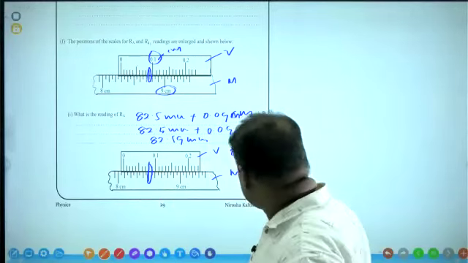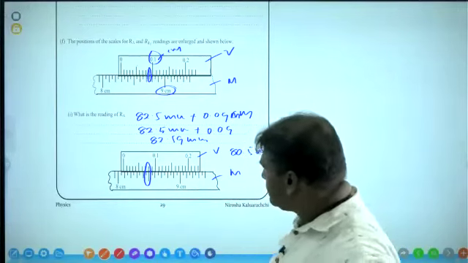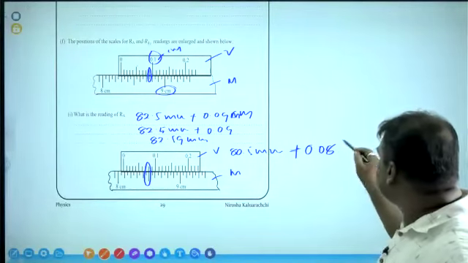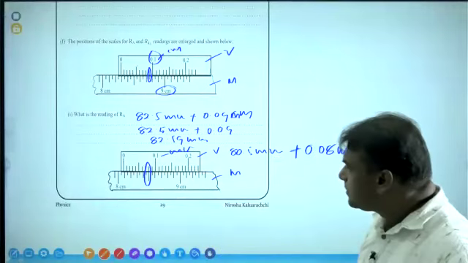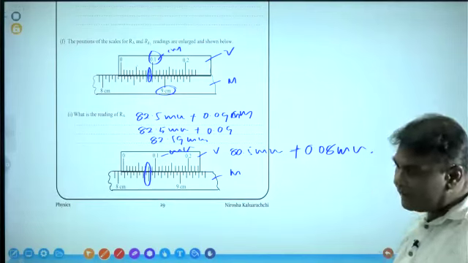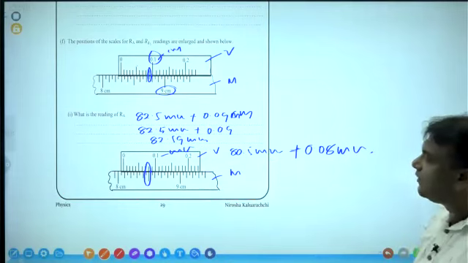Coincided one is 8.1, no? Here, upper 8.1, then plus 0.08 millimeter. This is indicated in millimeters, right? Okay. Here, 10th division aligned, millimeter. Here, 20th division aligned, like that, right?